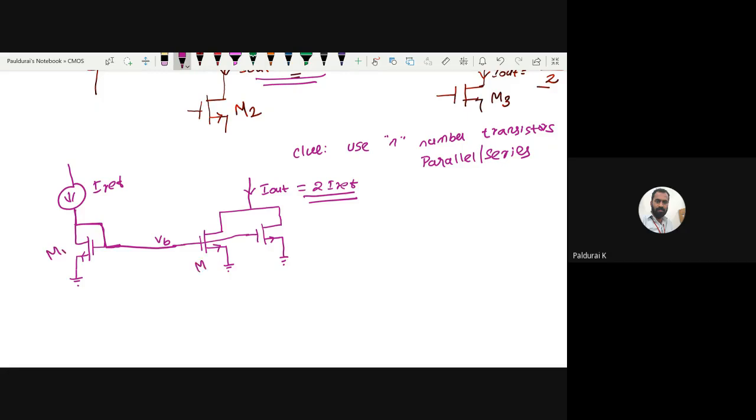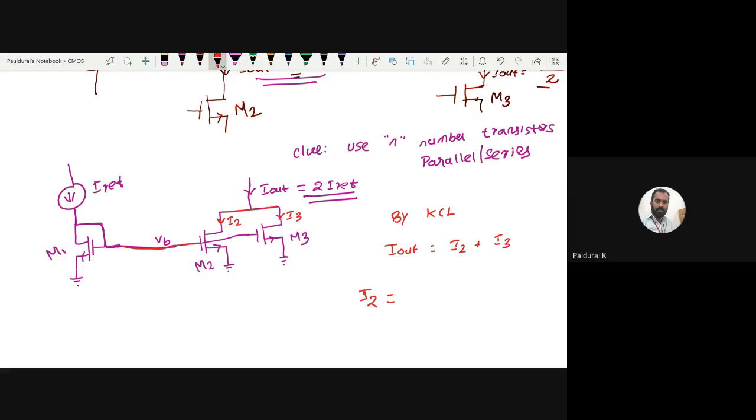Let me call this M2. Let me call this M3. Let me call this I2. Let me call this I3. Now apply KCL. By KCL at this node, my entering current I out equals the leaving currents I2 plus I3. What is my I2? I am feeding this voltage here.